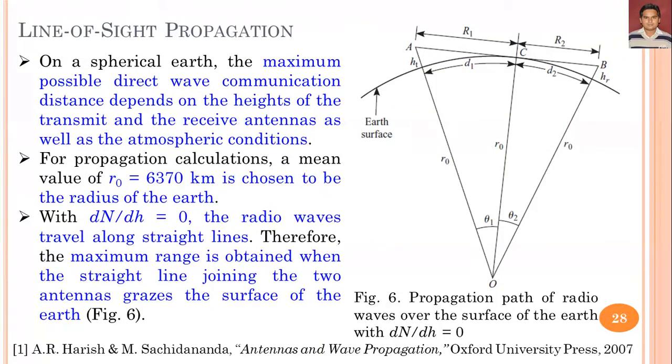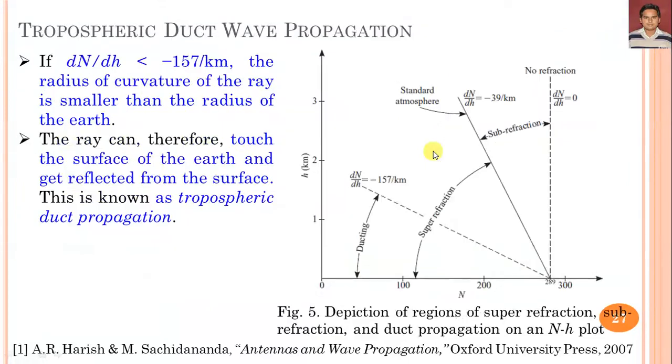Then further we are going to discuss line of sight propagation. Over a spherical earth, the maximum possible direct wave communication distance depends on the height of the transmitting antenna and the height of the receiving antenna, as well as the atmospheric condition. For propagation calculation, the mean value of R naught that we have calculated is equal to 6370 kilometer.